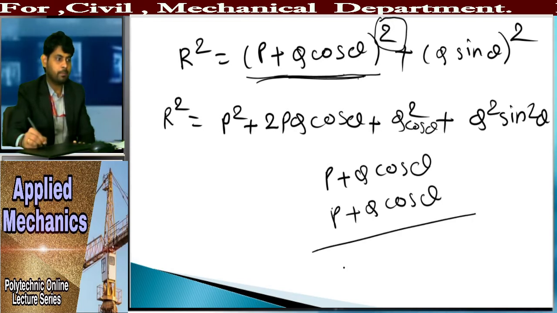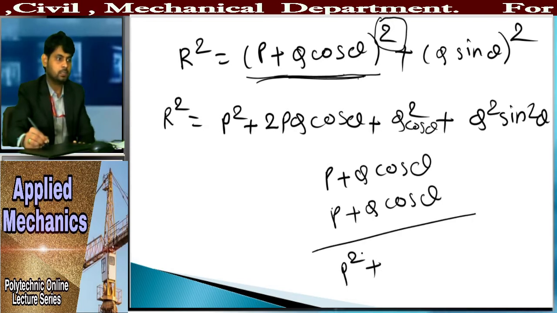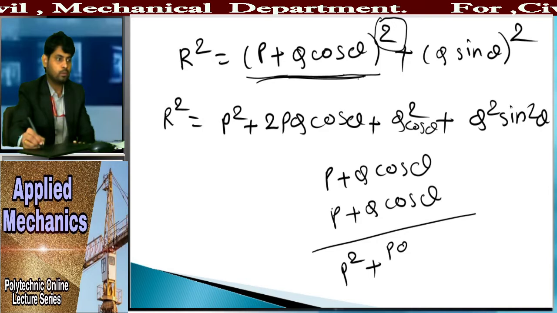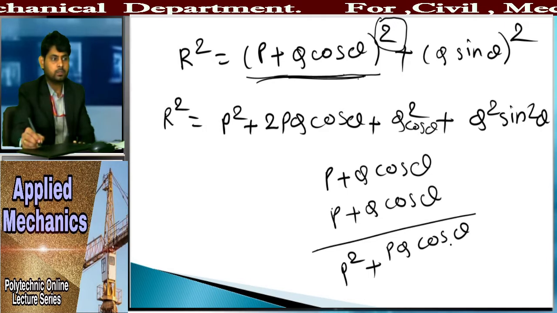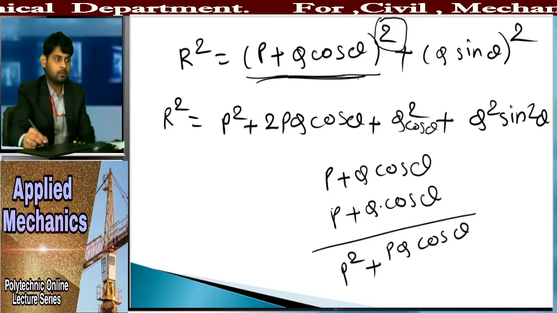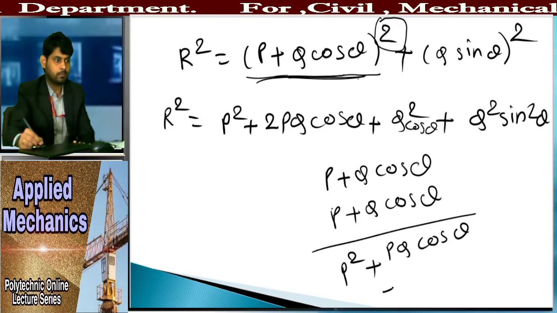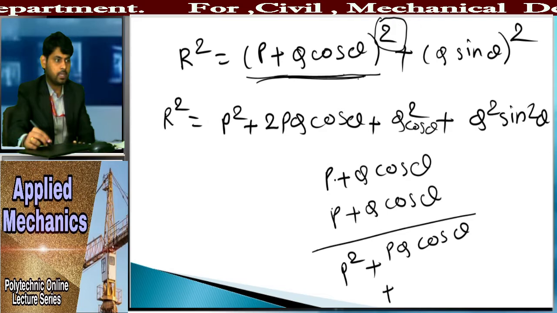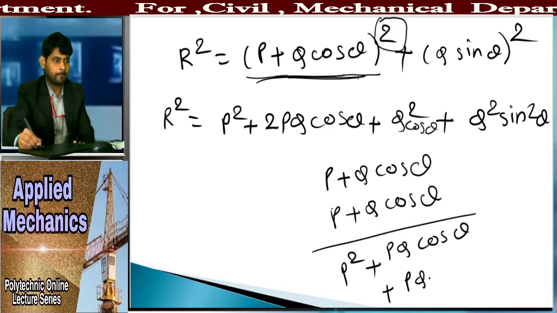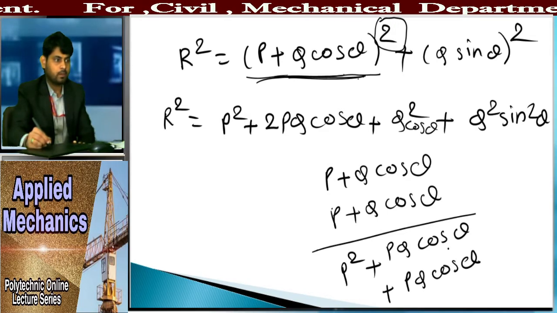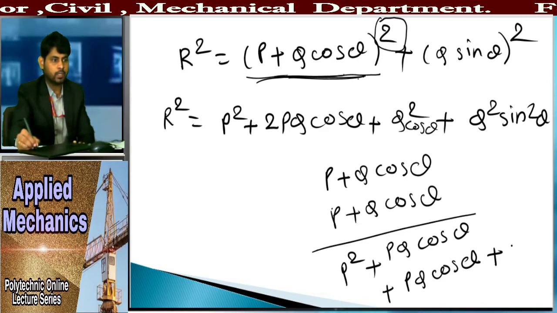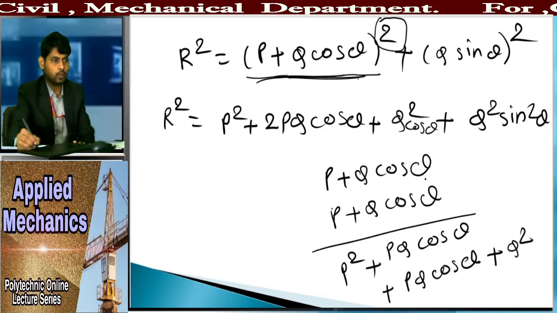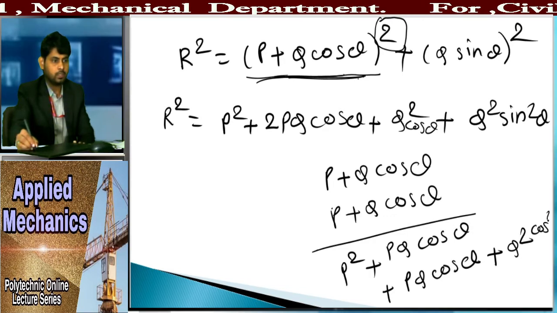Here P square, plus PQ cos theta, plus PQ cos theta, plus Q into Q, and cos theta into cos theta, cos square theta.